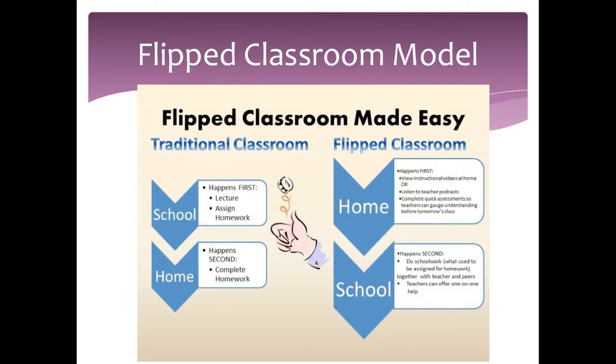So students are required to learn particular content outside the classroom and then use the classroom time to tackle questions, problem-solving scenarios, and revise anything that they found difficult while engaging with the content at home with the teacher.